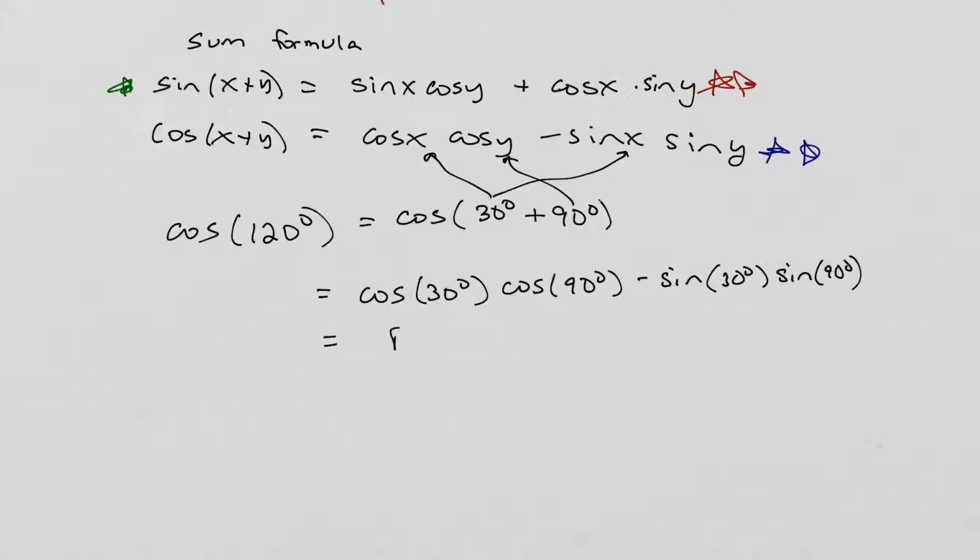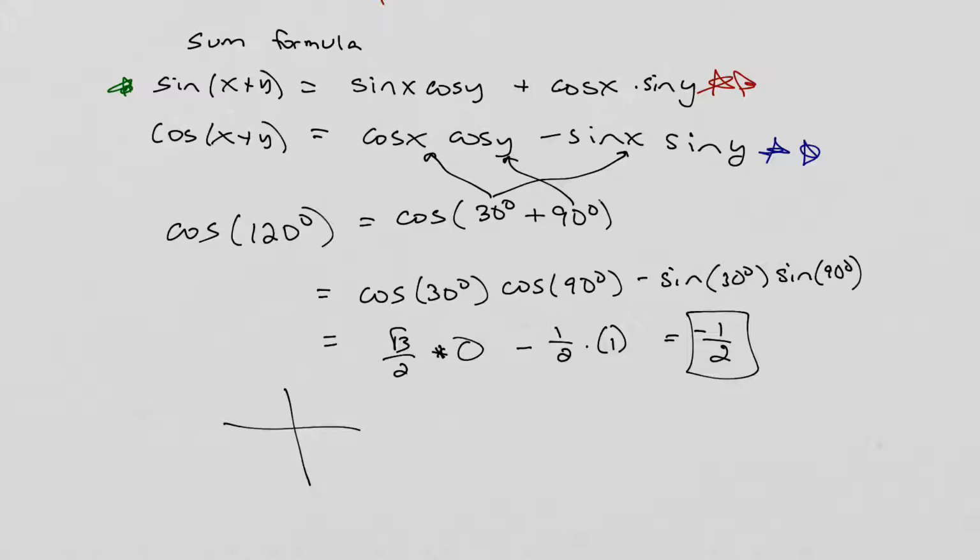Cosine of 30 is square root of 3 over 2 times cosine of 90 is 0. Sine of 30 degrees is 1/2 and sine of 90 degrees is 1. So this gives me a negative 1/2. And if you think about 120 degrees, that's an angle that looks like this right there.